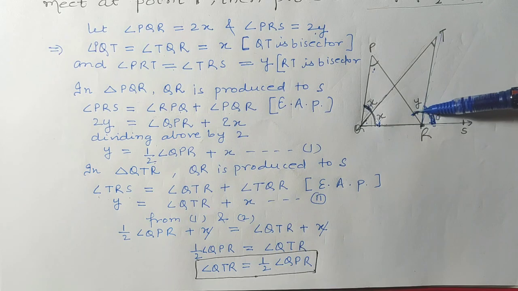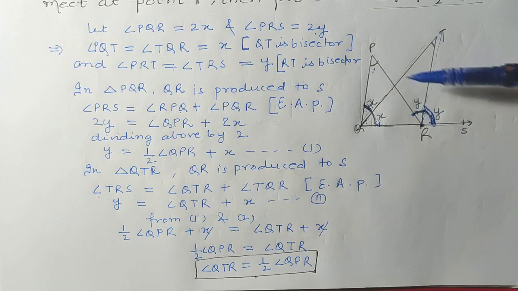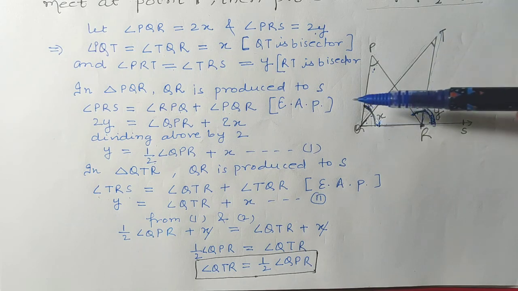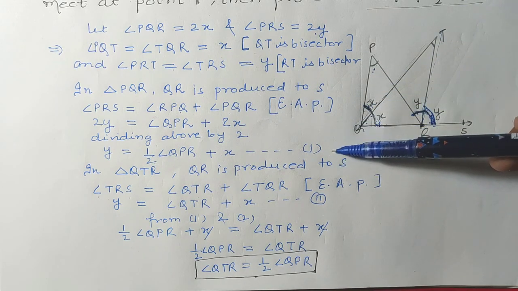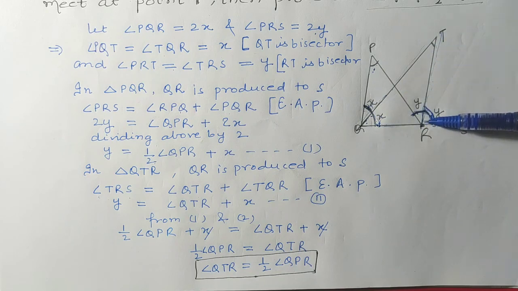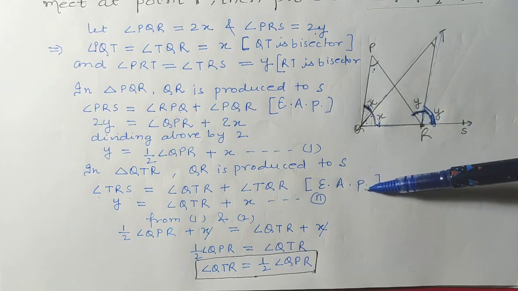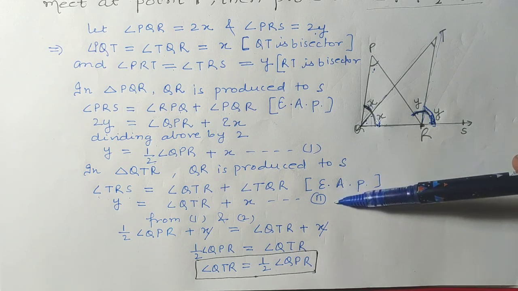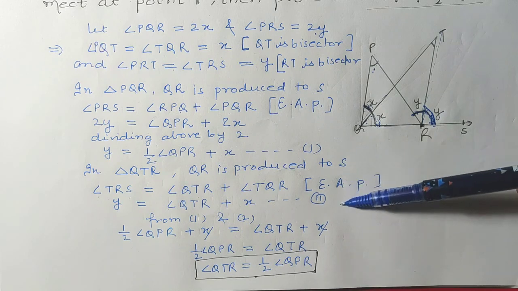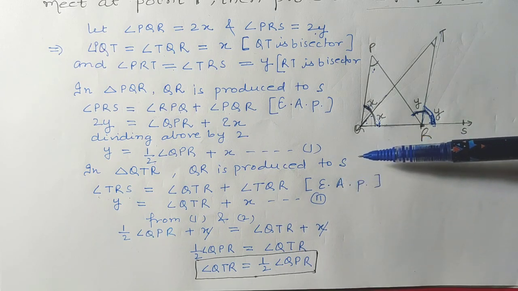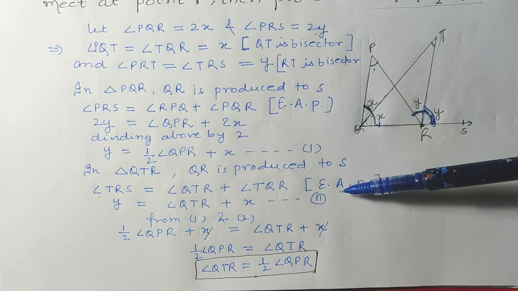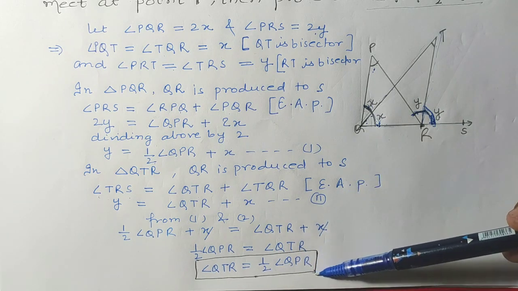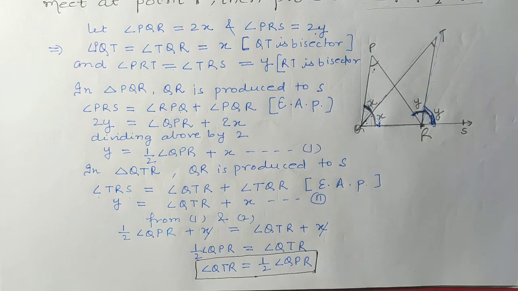For this triangle, this angle is the exterior angle, so 2y will be this angle plus this angle, and from here we got equation number 1. For the second triangle, we again applied the exterior angle property, and from here we got equation number 2. Now in the first and second, the left hand side is equal, so we can make their right hand sides equal, and from here we got what was required to be proved.